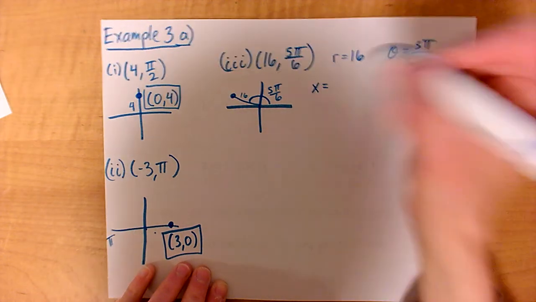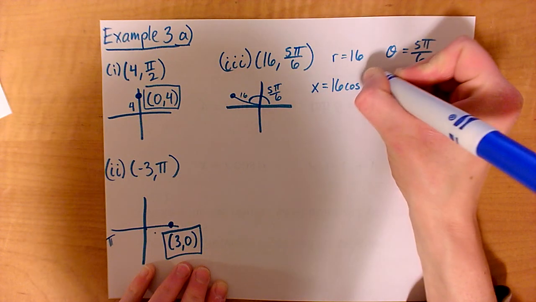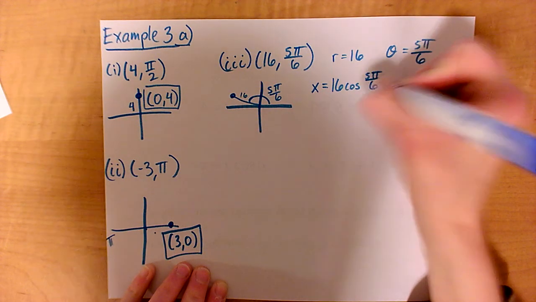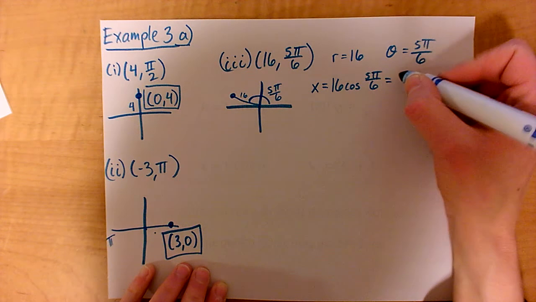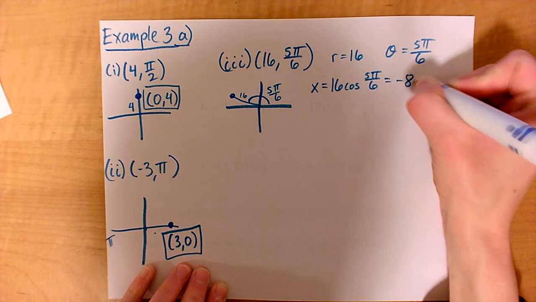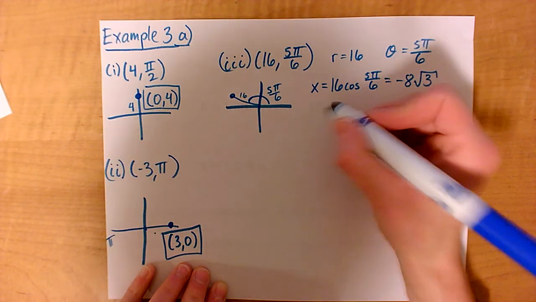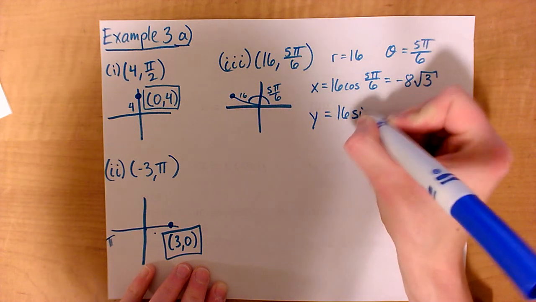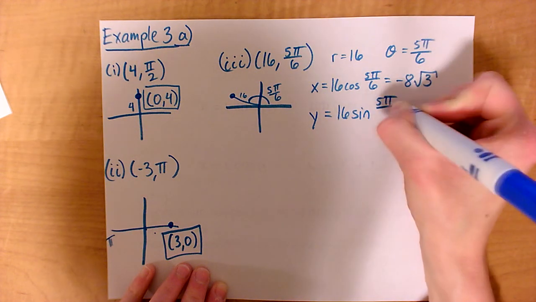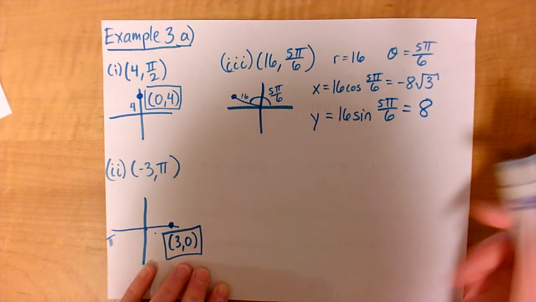So then we know that x is going to be 16 cosine 5 pi over 6, and you can simplify that to get negative 8 root 3, and then y is going to be 16 sine 5 pi over 6, and you can simplify that to get 8.